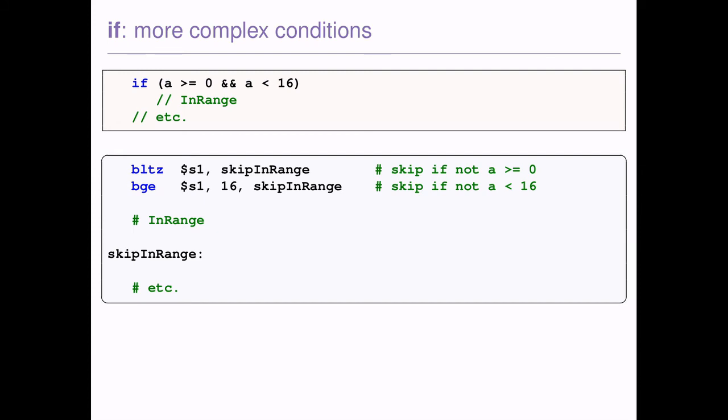So if one fails, they both fail. So branch less than 0 says if A is less than 0, then we go to skip in range because it's not in range, so we can't do that bit of code. And then we can use branch greater than or equal to say if S1 is bigger than 16, then we're also not in range, so jump to the skip in range command. So hopefully that's clear, I hope.